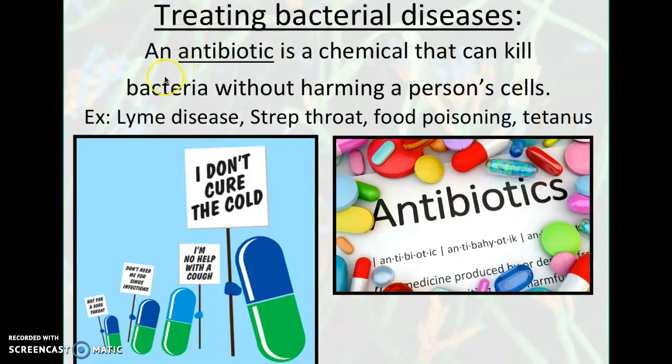All right, so if you have any of the symptoms, let's take strep throat, for instance, that's a common one. And you go to the doctor, they're going to do a test, and they're going to see if it's a bacterial infection.